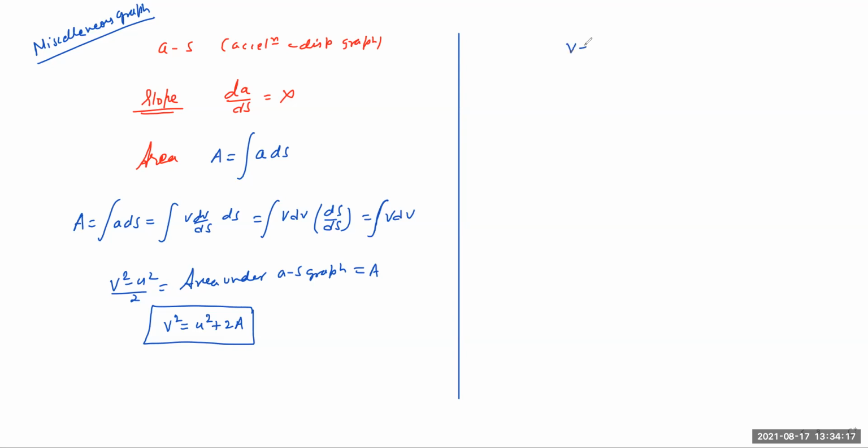So what about the v square versus s graph? Do we think some sense will come out of this graph? If you look at the slope part, what is slope?